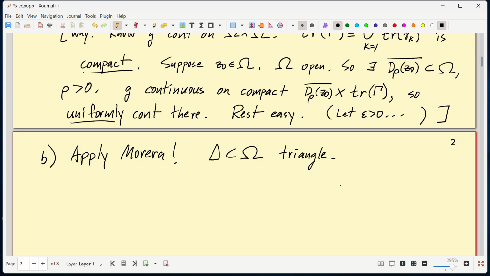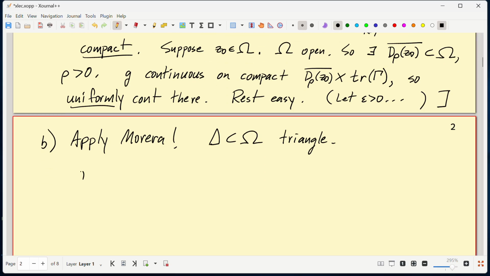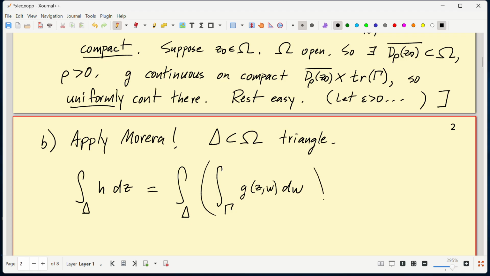And then, since h is continuous, we know we can talk about the integral around a triangle of h dz. And of course, that's the integral of, let's see, h is the integral around gamma of g of zw dw. And then we integrate dz.